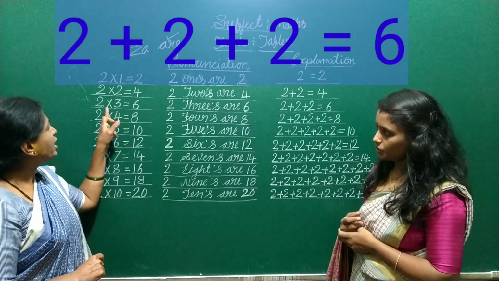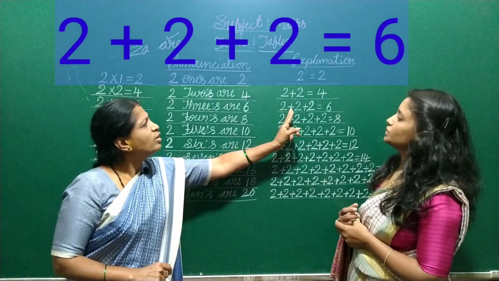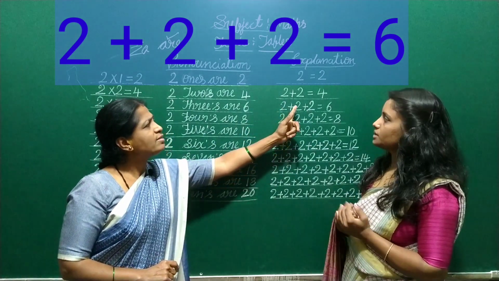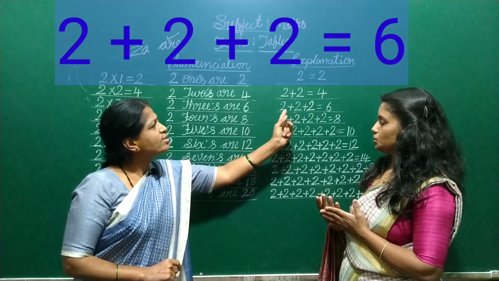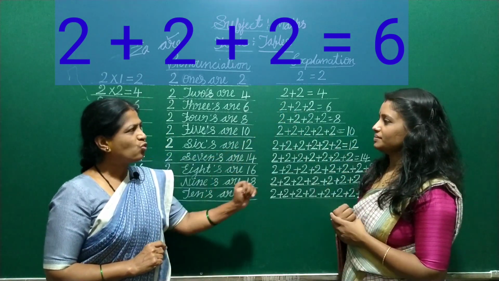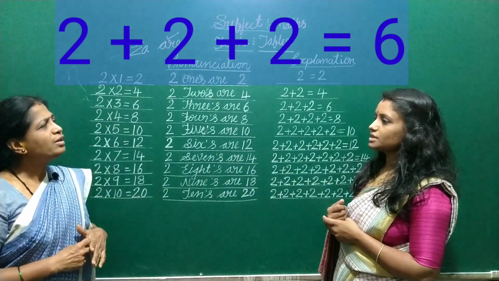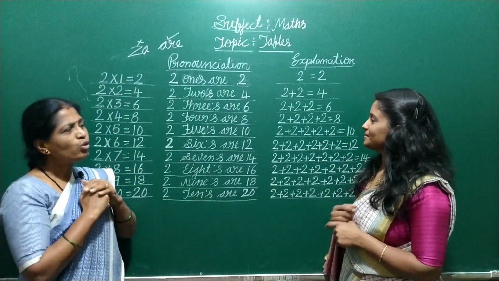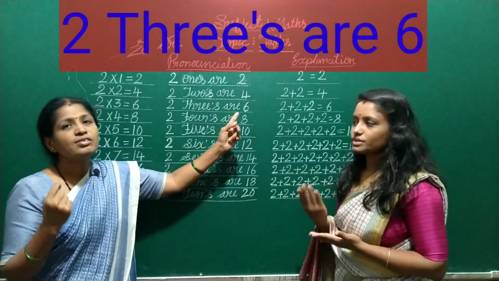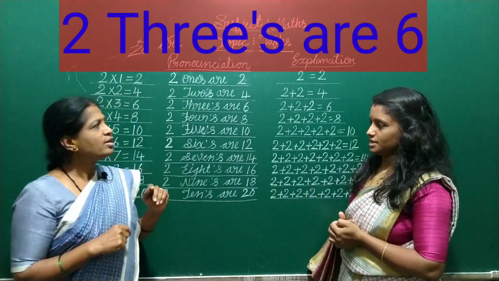So when you add 2 plus 2 plus 2, first you add 2 plus 2. How much will you get? 4. To 4, if you add 2 again, you will get 6. So how to pronounce? Two threes are six. Two threes are six.